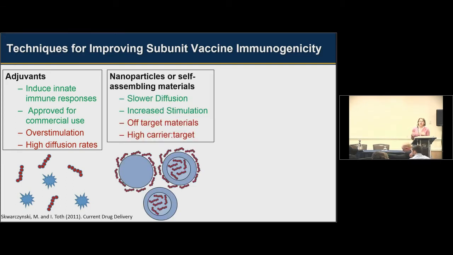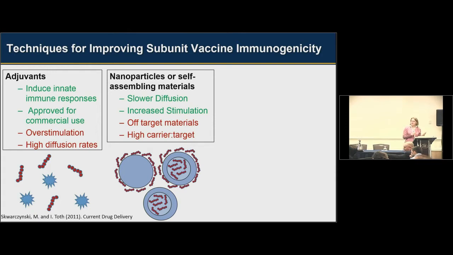Another approach is to use nanoparticles or some sort of self-assembling material. By inducing formation into a nanoparticle using polymers, lipids, inorganic materials, or even other proteins, you create a larger physical structure. So diffusion away from the injection site is slower, and you can keep everything concentrated. The problem is that you've now introduced another kind of material.